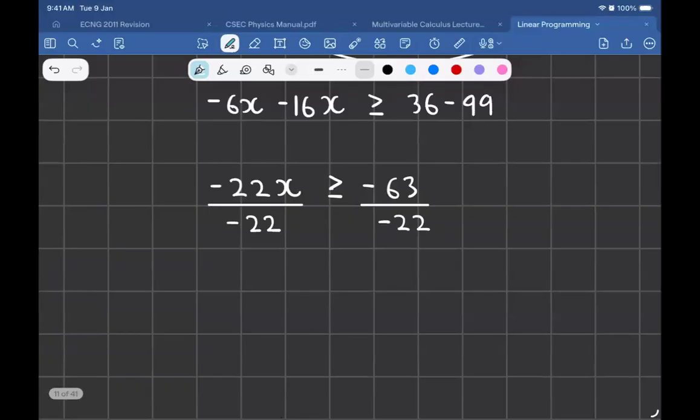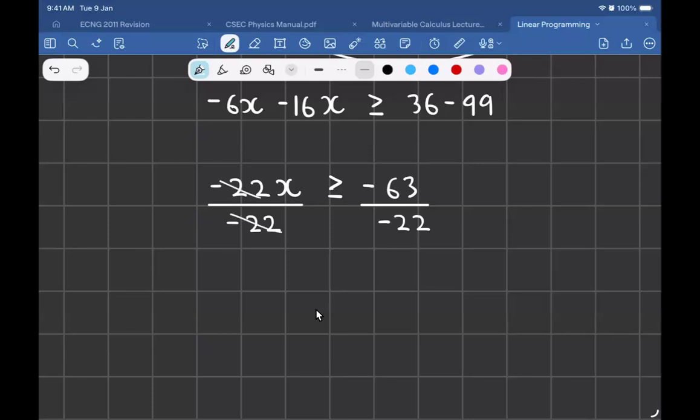That's a great question. What happens when you multiply or divide by a negative? The sign flips. Yeah, the sign changes or flips, you can say that, right?